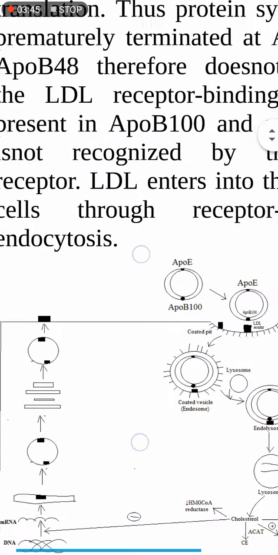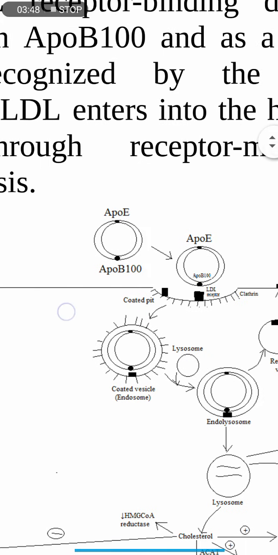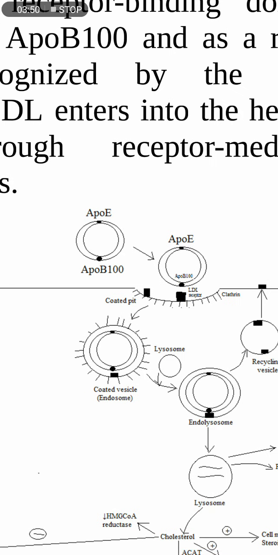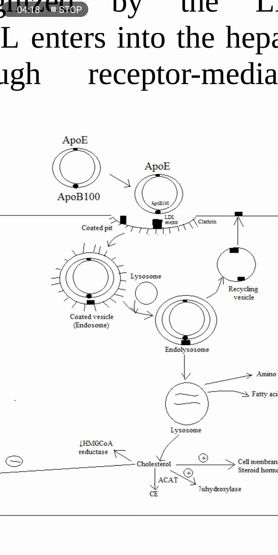When the LDL molecule reaches near the surface of the hepatocytes, the LDL receptor recognizes the ApoB100 molecule, gets attached, and forms the coated pit. The coated pit is lined by a particular protein called clathrin.